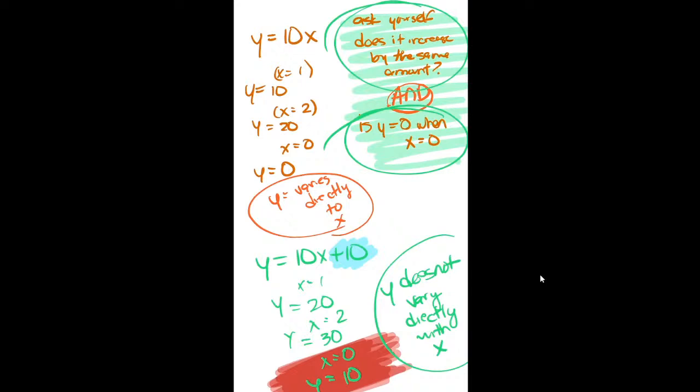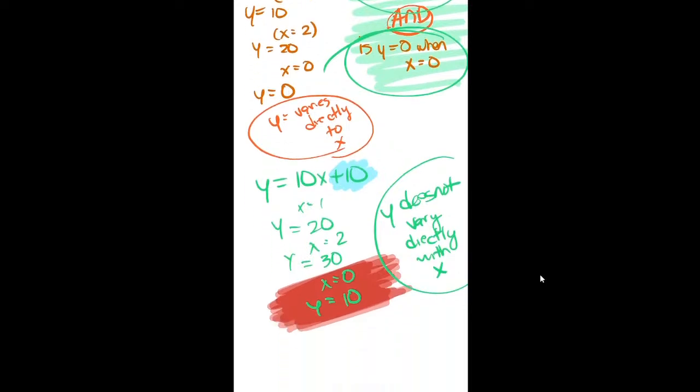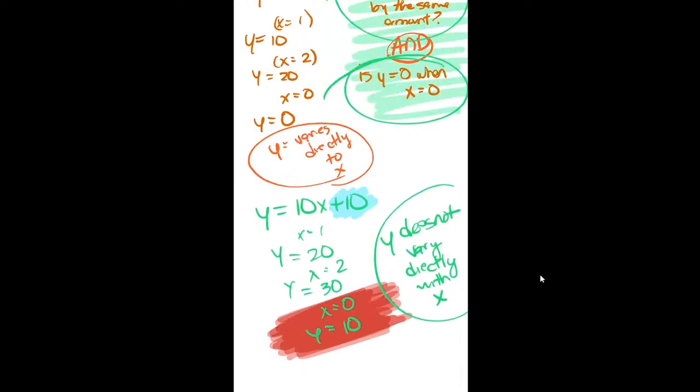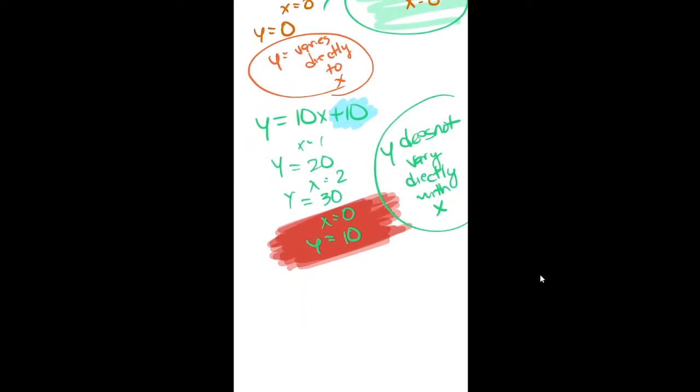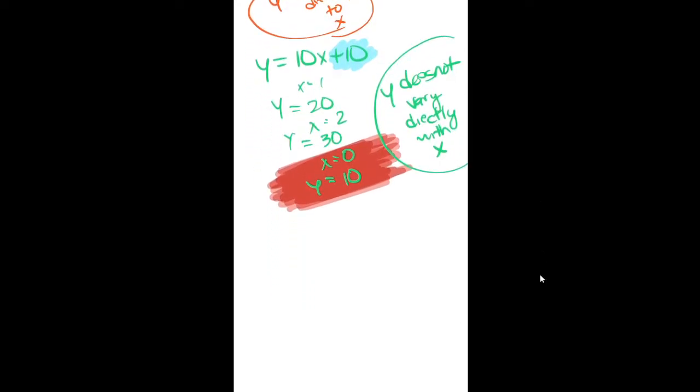Okay? Let's have a look at an example of one where when x is 0, y is 0, but it doesn't increase by the same amount. Now, you're not actually going to run into this in your current chapter because it's not linear. But y equals x squared is a perfect example.